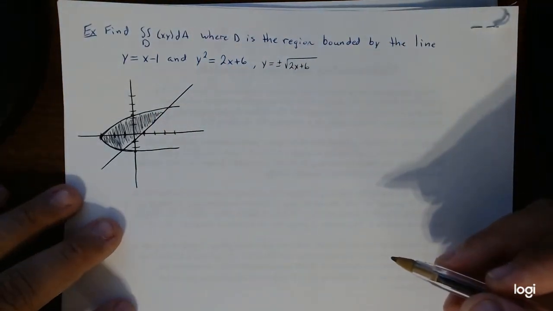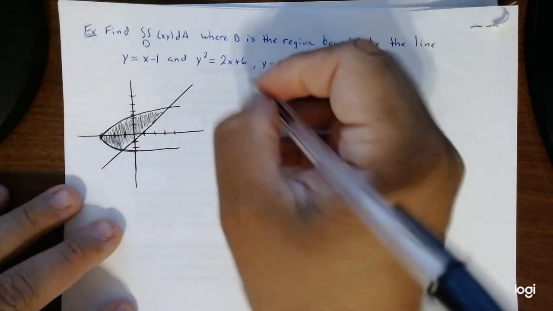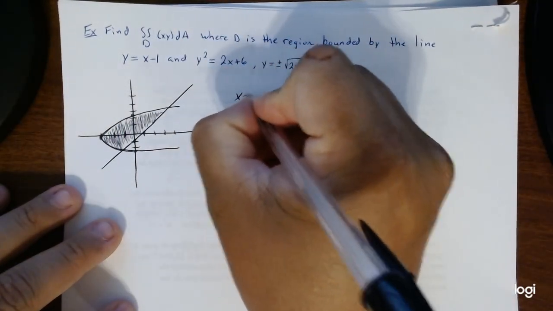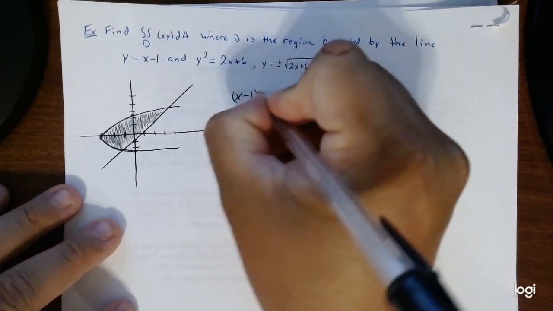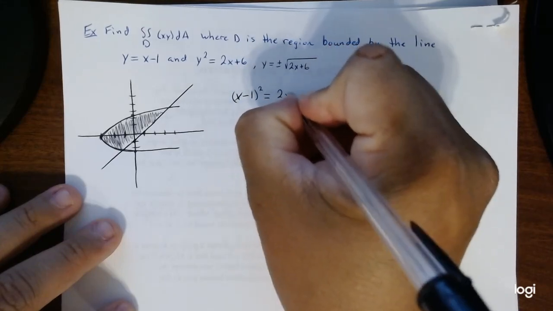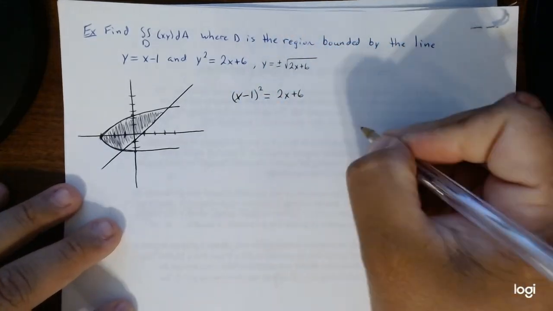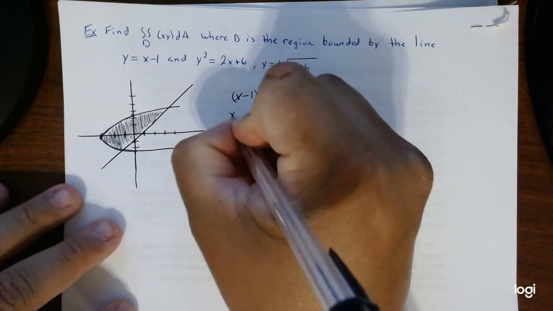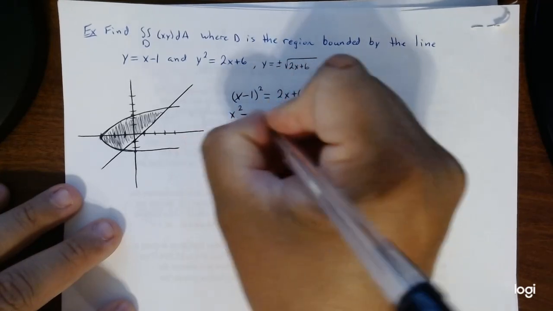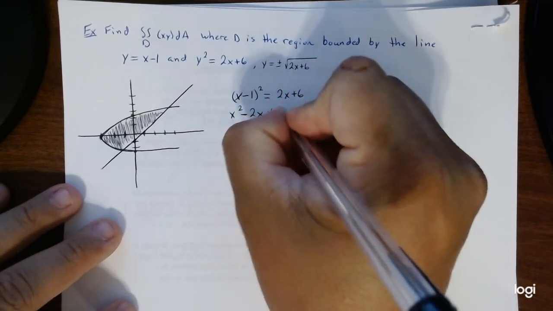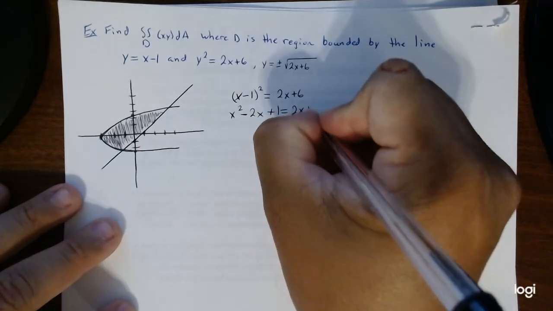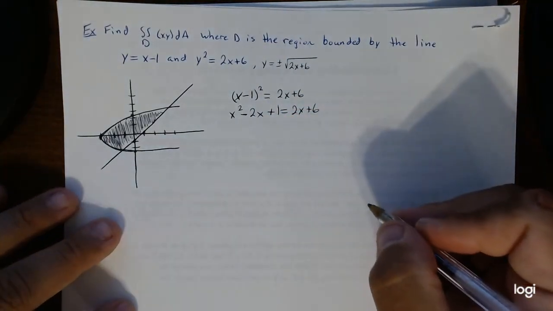Now, to find the bounds, you could just plug it in and solve for x. So you would have to plug in y equals x minus 1, so you'd have to FOIL and put everything together. This is just going to give you x squared minus 2x plus 1 is equal to 2x plus 6. Bring everything to one side and factor it.